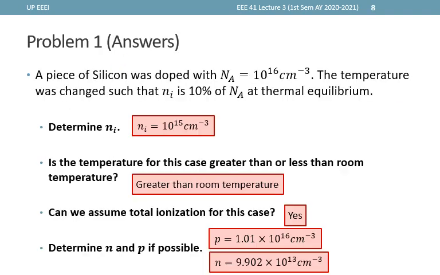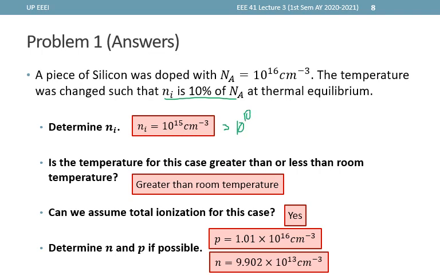So we have actually already answered all the questions for the first problem. So we have computed Ni based on the statement that Ni is 10% of Na. It is not at room temperature since Ni is greater than 10 to the 10.